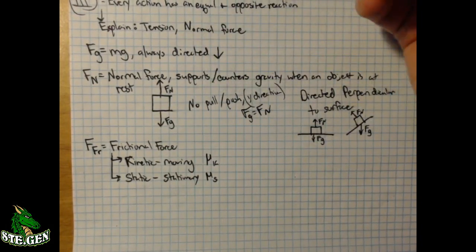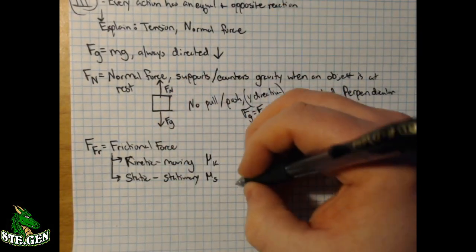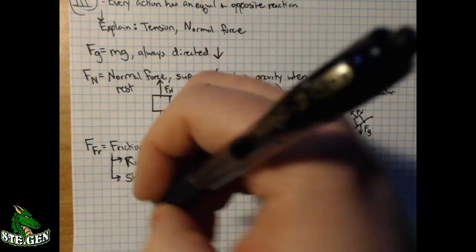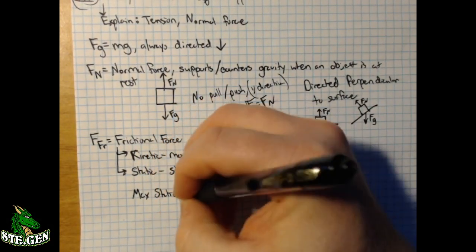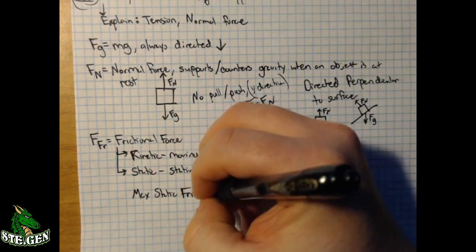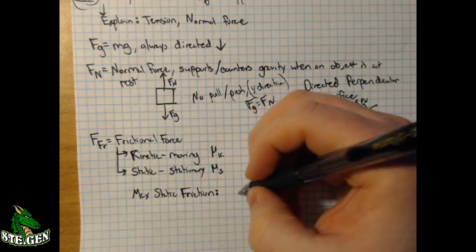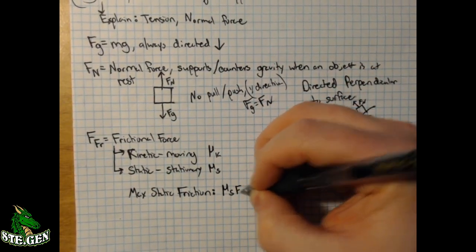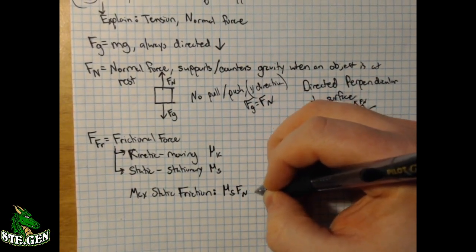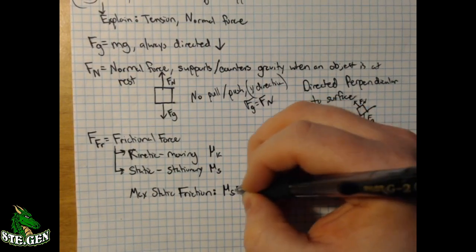For static friction, what you normally do is calculate the maximum static friction: you take your coefficient and multiply it by the normal force. And that is the maximum number that it can get.